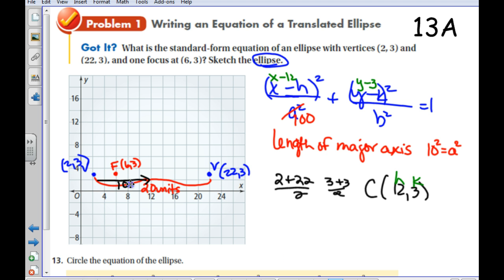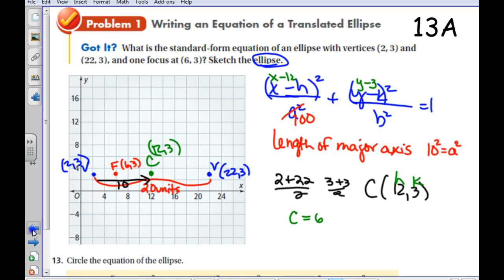Okay, C tells us the focus, but conceptually, C is the distance from the center to the focus. All right, if the center is here at 12,3, how far is it over to the focus? 6 units. Okay? So I'm thinking that C is 6.